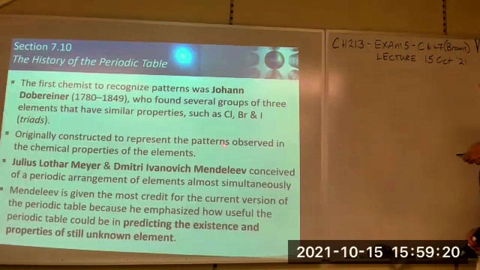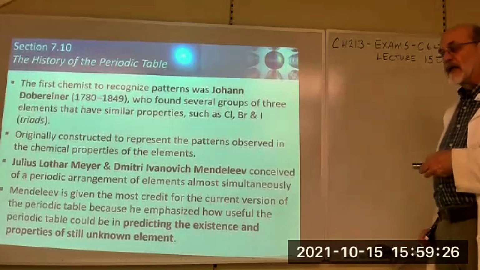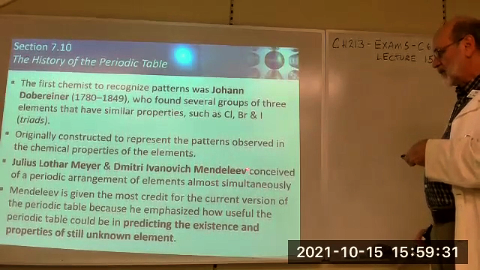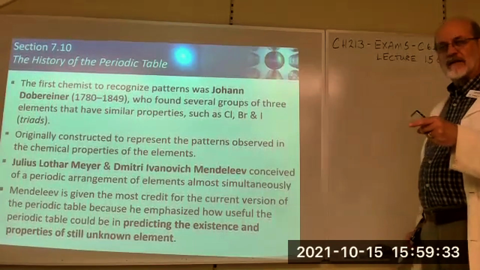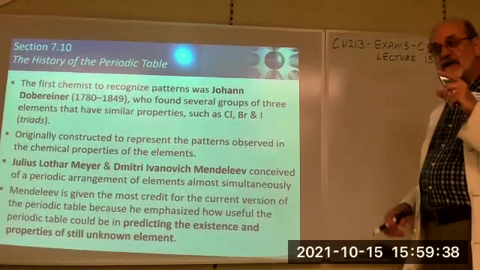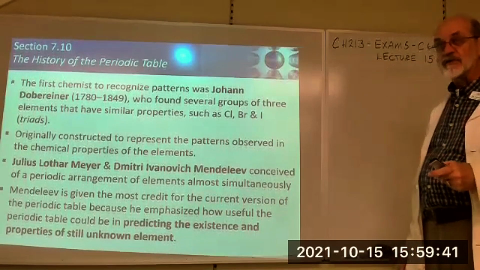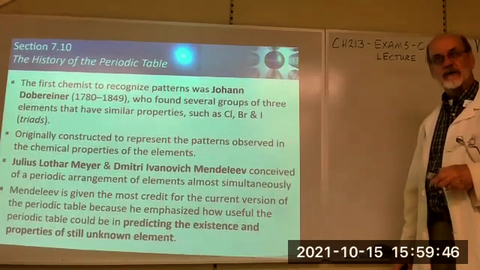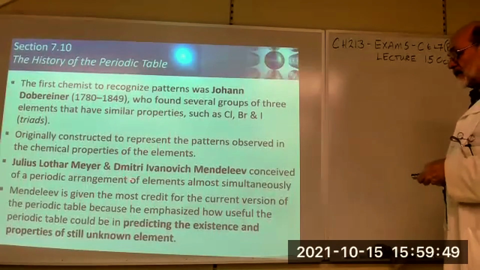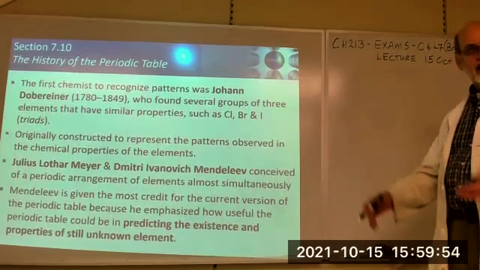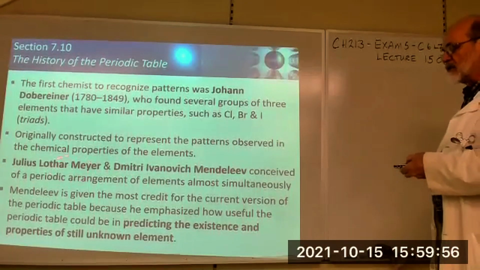The reason that Mendeleev is given the lion's share of credit for developing the modern periodic table is based on one fact. Mendeleev predicted the existence of elements not yet discovered. And he also predicted their physical and chemical characteristics, right down to the atomic weights. So when they were found, that confirmed what he had predicted. So he's given the lion's share of credit. But Meyer did contribute.